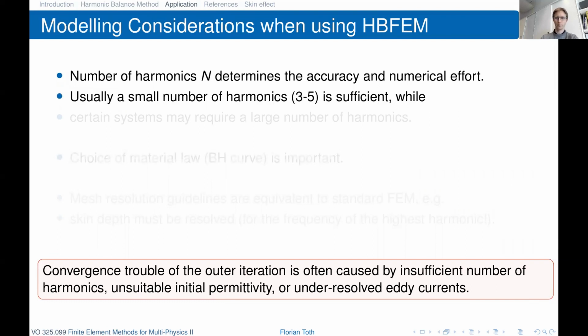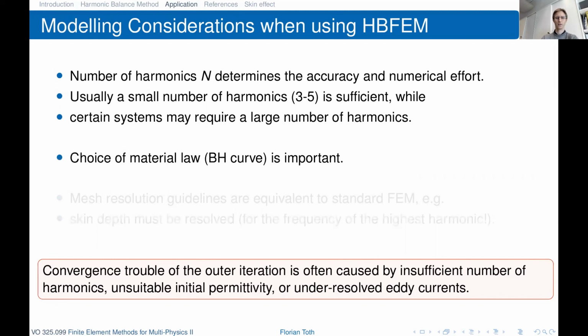Often a small number of harmonics, so 3 to 5, is sufficient. However, certain systems may require a large number of harmonics. We'll see this later in an example. Also in this example, we'll see the choice of the material law, so the BH curve, is important when computing periodic solutions.